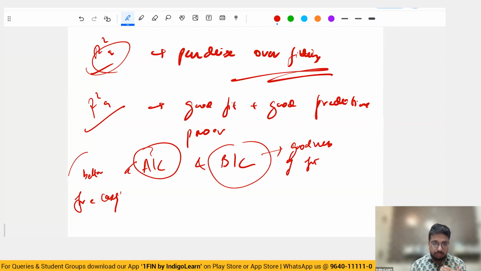Till now, are you getting comfortable with R square, adjusted R square, and the concept of AIC and BIC? Any doubt or problem till now? So what is the problem with adjusted R square? Let's say I want a model which can make good predictions.